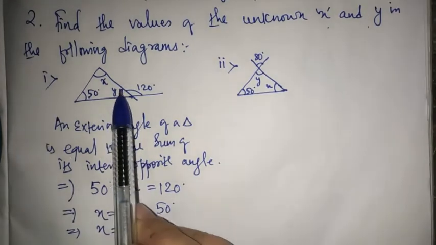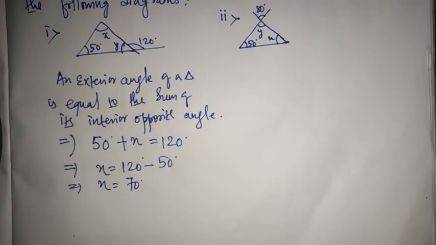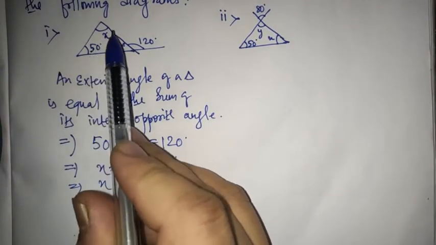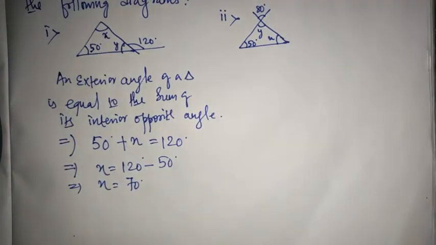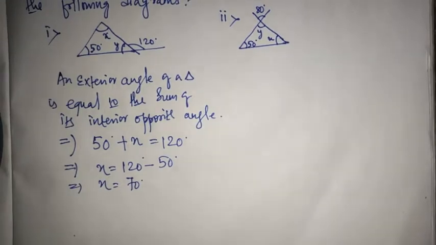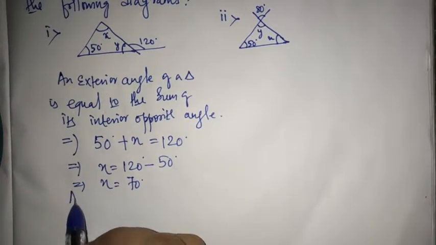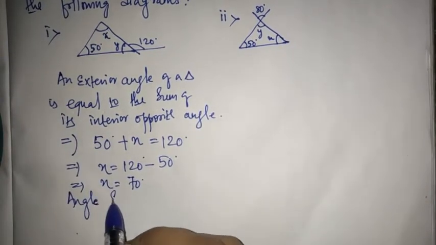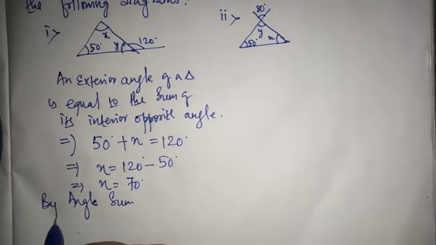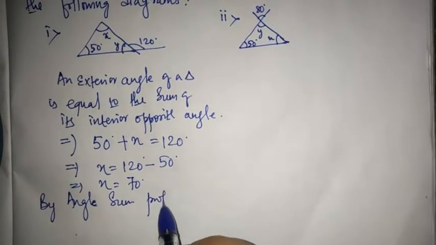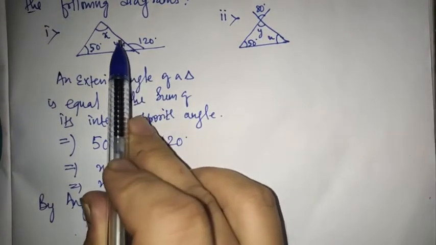Now your duty is to find the y. If the x value is known to you, then using the angle sum property, that is the sum of all the interior angles is equal to 180 degree, you can write the angle sum property. By using the angle sum property we can find the value of y, because x is known.